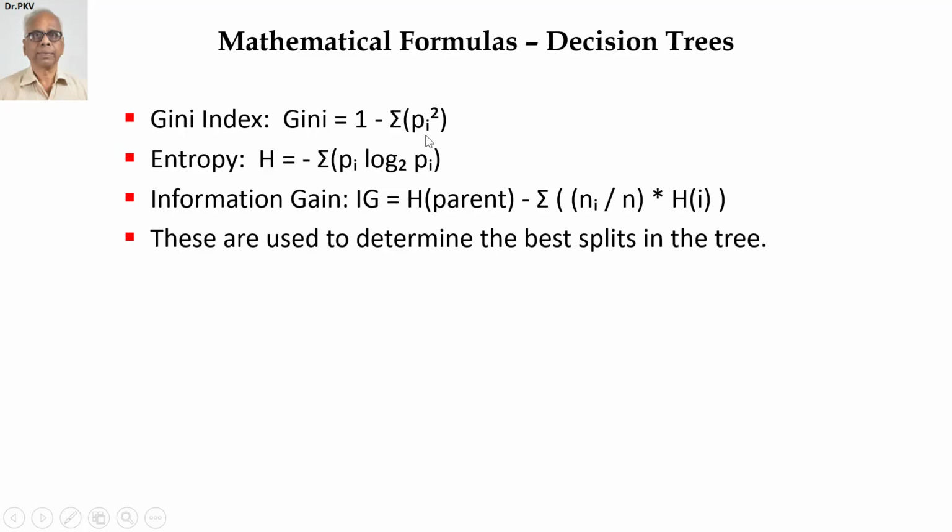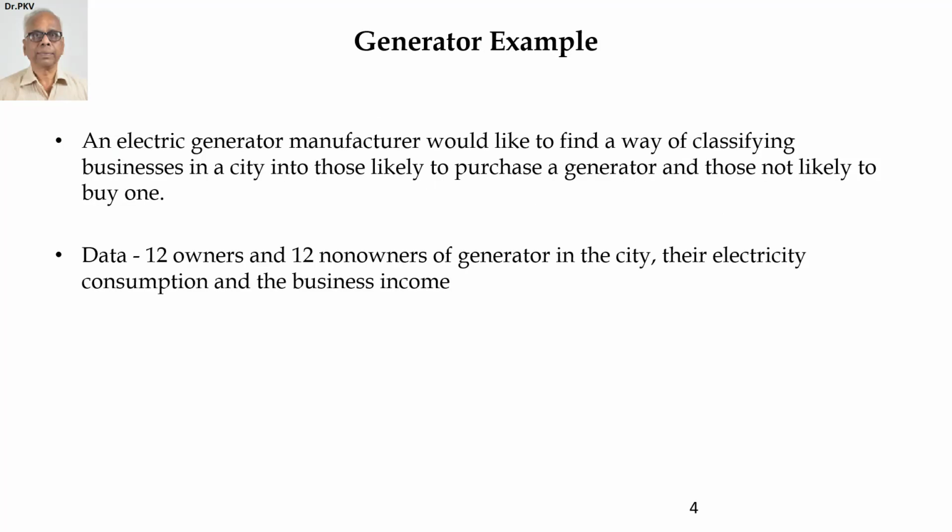The same thing, pi is the probability of the ith class. These are the two formulas that are used to determine the best split in the tree at each stage. You can have different splits intuitively, but what is the best split depends upon the reduction in the Gini index.